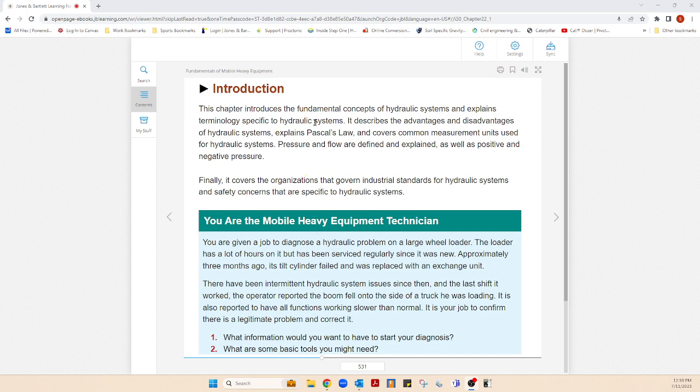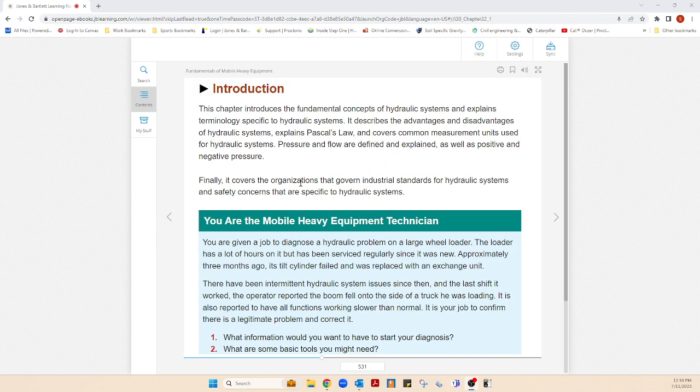In the introduction, I don't want to read this chapter for you, but we'll be talking about Pascal's law, and how pressure and flow are defined and explained, as well as positive and negative pressure. Negative pressure is pretty much the inlet of a pump or vacuum.